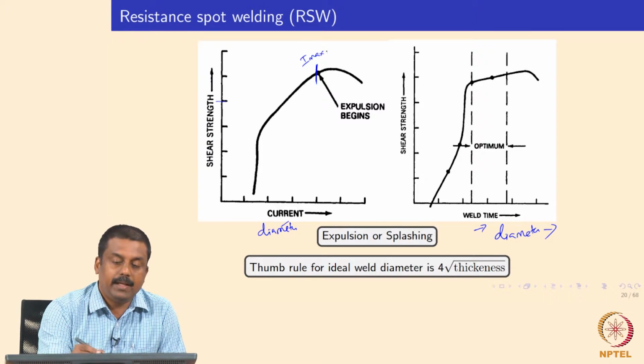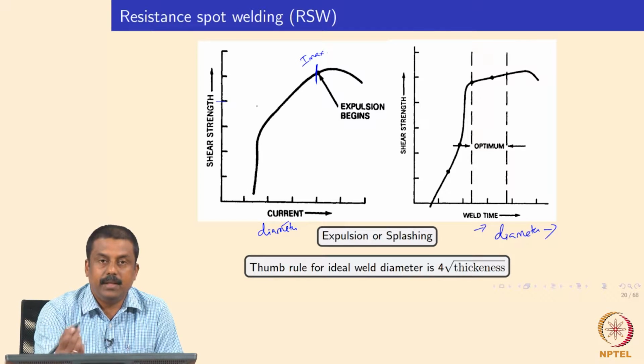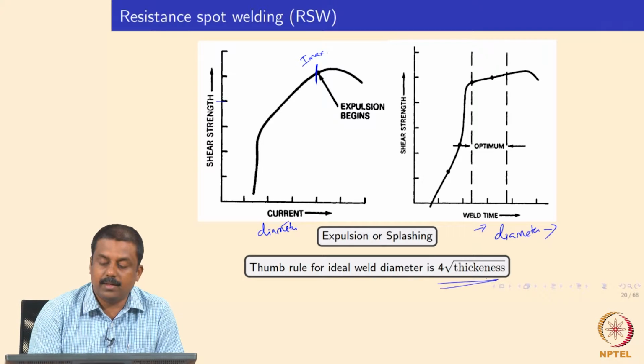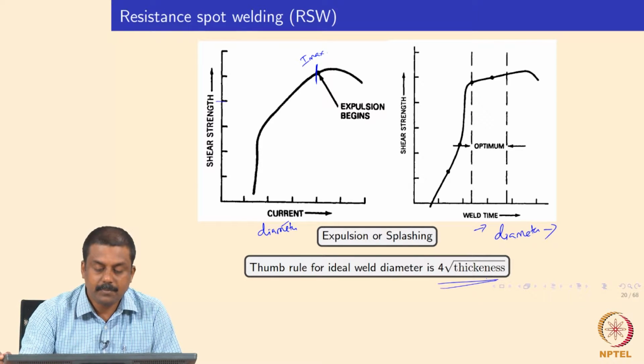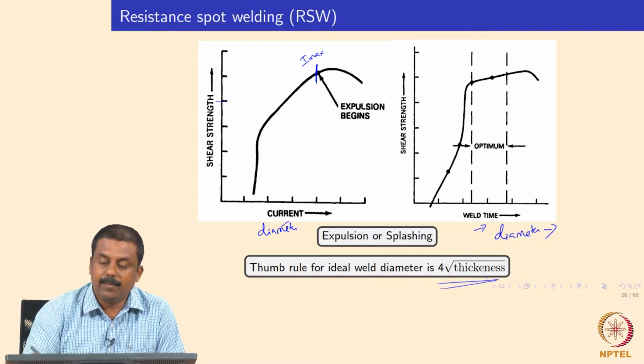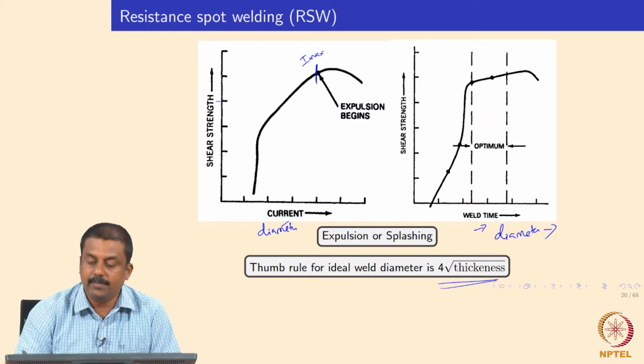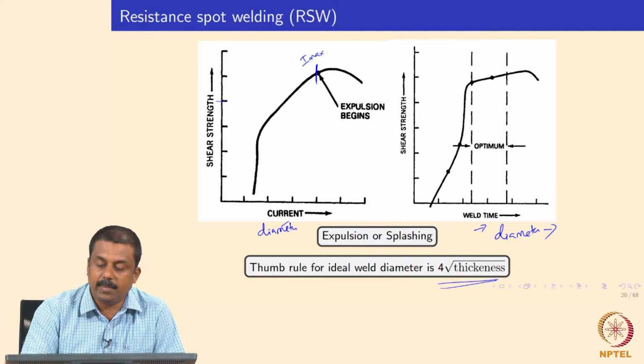So we will identify an Imax, and based on the guidelines we will also identify the acceptable strength level, which, as a thumb rule, is generally 4 times square root of thickness. Okay. A similar behavior you can also observe as a function of welding time. Okay. So we will identify the optimum range.